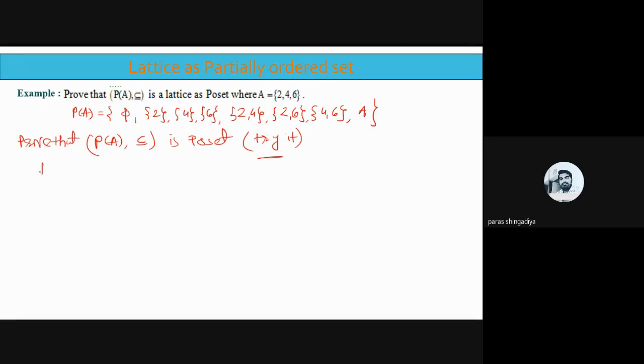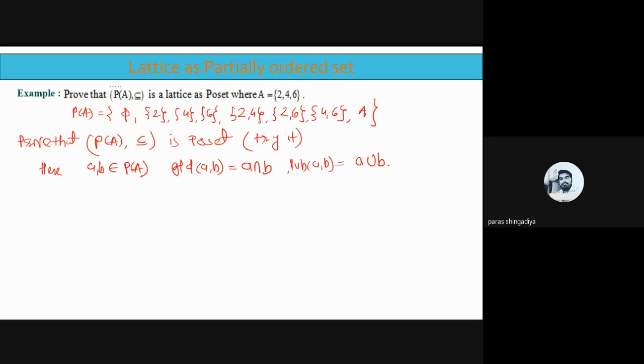Now let us check the second condition, that is, to check that the lattice is a poset. For that, for A, B belonging to P of A, GLB of A, B: for the subset relation, we are using A intersection B, and for LUB of A, B we use A union B. For every two elements A, B belonging to P of A, GLB means intersection.